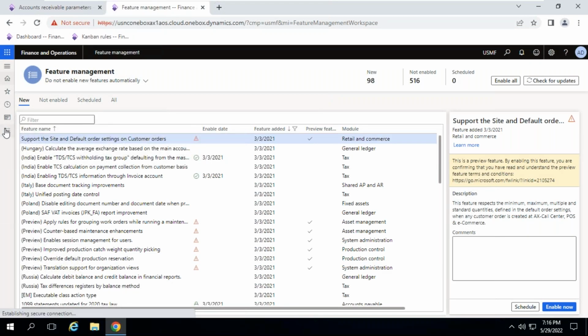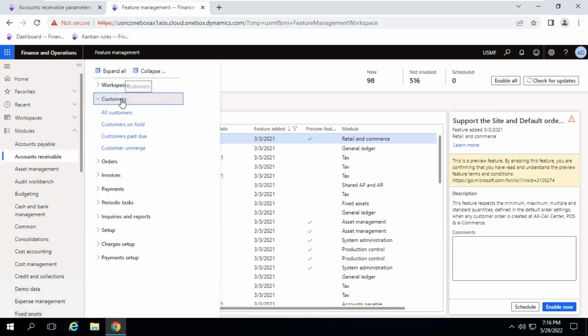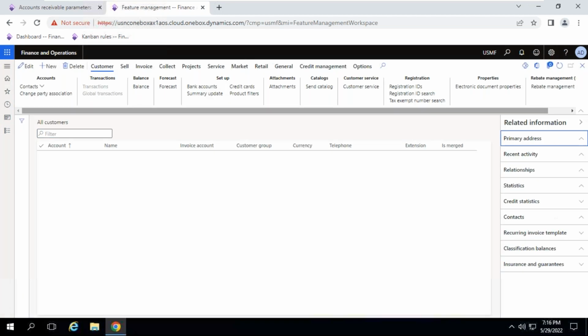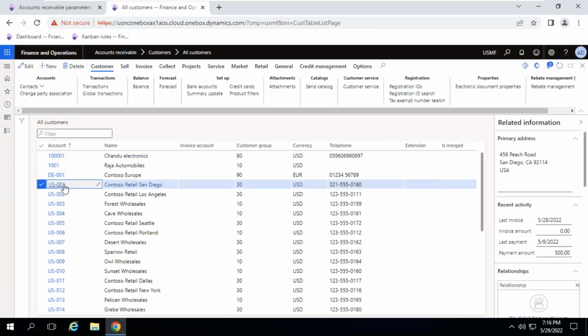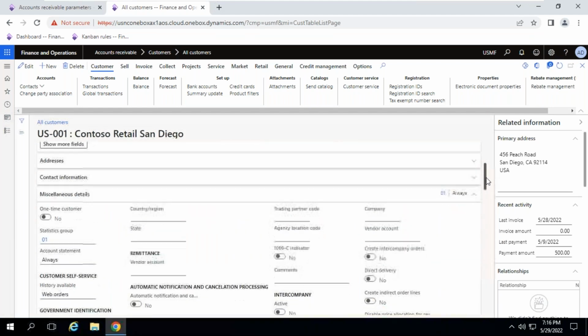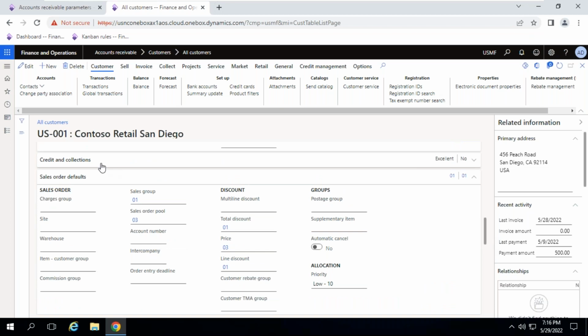Now, if you go to the customer once again, accounts receivable, all customers, and open the same customer, any customer, look at this one. In the same credit and collections, there are so many.